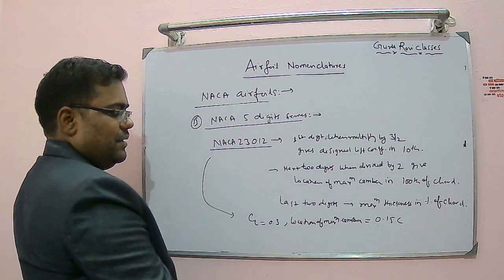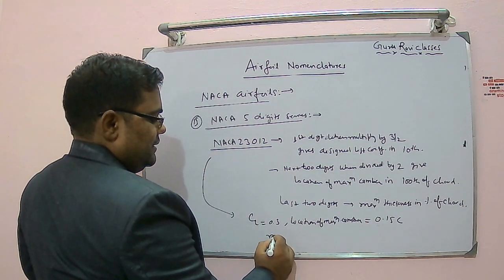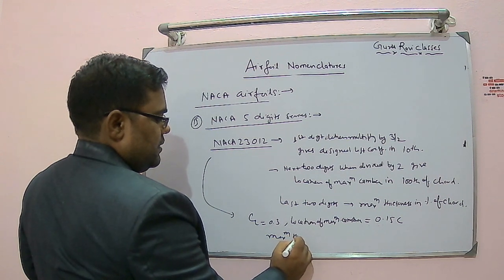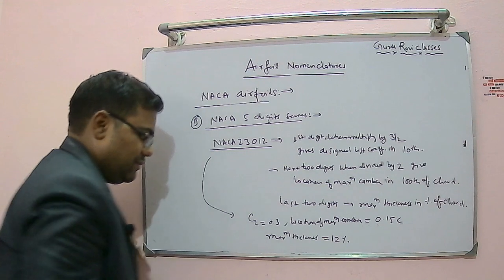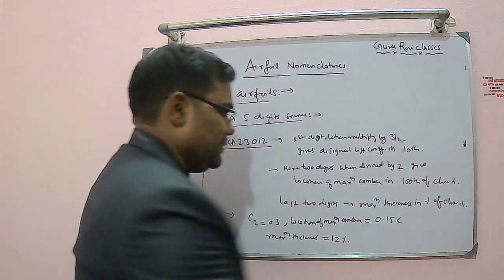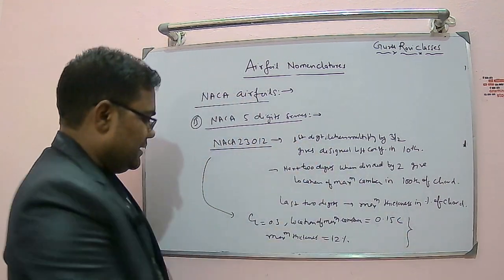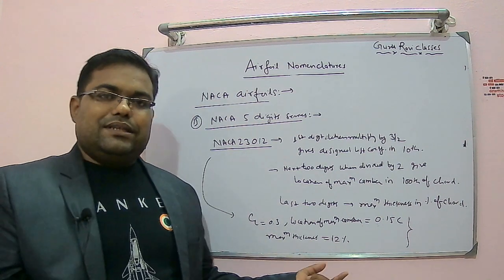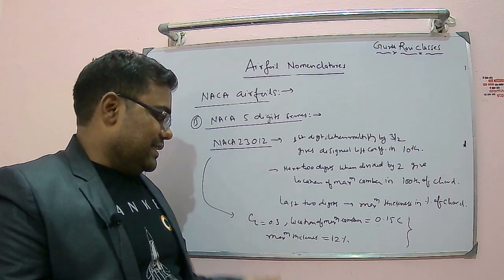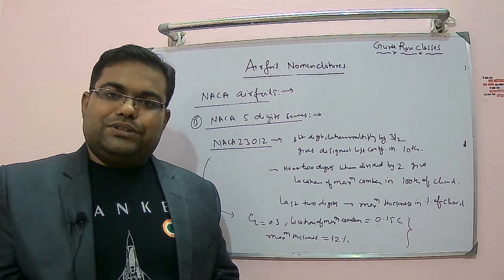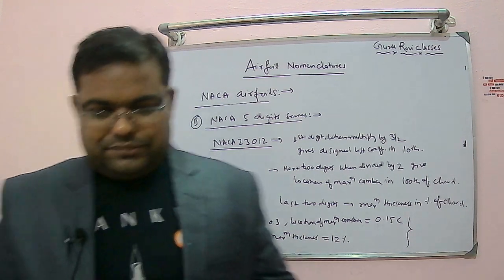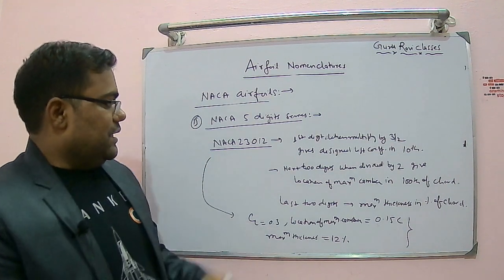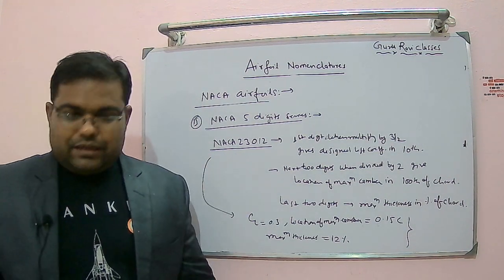And the maximum thickness is equal to 12%. So as per these numbers, we can easily identify the maximum thickness, the location, and the design coefficient of lift. This is the second family of airfoil given by the NACA.